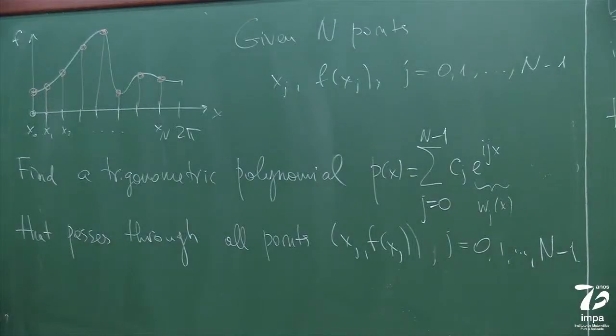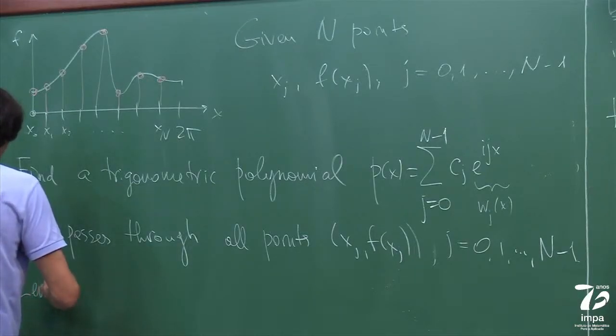So we're given points, and we want to find a trigonometric polynomial which passes through all these points. Automatically, it will be a periodic function, of course, because every term is a periodic function. So how do you do it? Essentially, you do it in the same way.